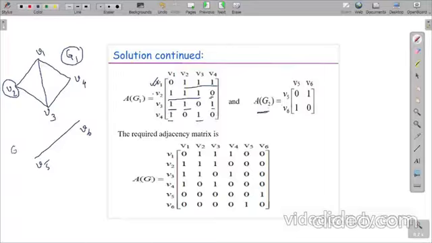This is our G2. For A of G2, the rows and columns are V5, V6. V5 connects V6, and V6 connects V5. So this is our A of G2, and we know this will be written as A of G1, null matrix, null matrix, A of G2.